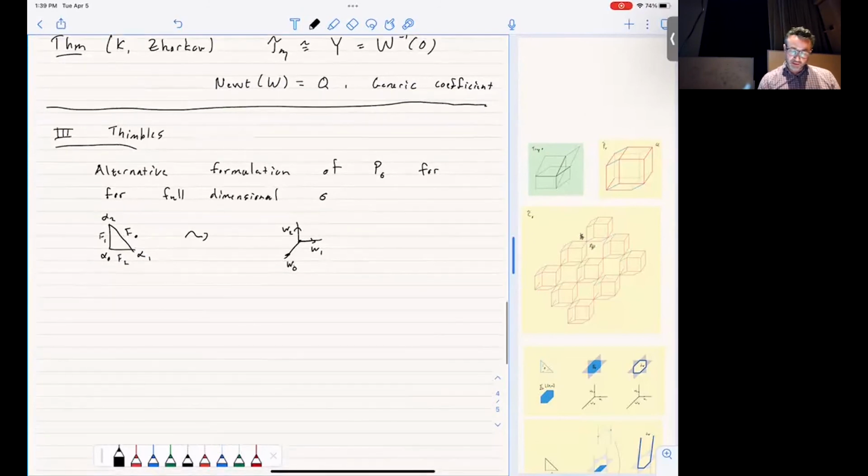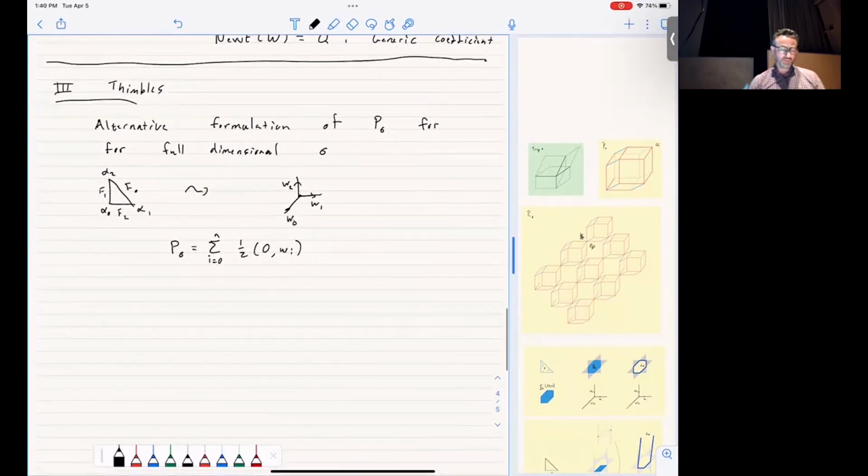And if we do it this way, one can show very easily that the open polyhedron is just the Minkowski sum, i equaling 0 to n, of these intervals, 0 to wi. So we just take the open interval from 0 to wi, take this Minkowski sum, and we get this. This is, I think, more commonly the way people, at least in the literature, write these polyhedra, these zonotopes.